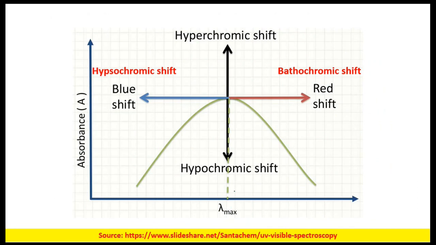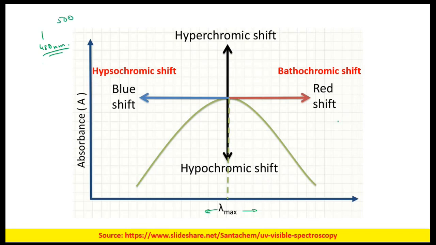Then shift. There are four types of shift. If it is happening on the wavelength scale, that means if it is happening at a higher wavelength, suppose your normal chromophore absorbs at say 480 nanometer, and after you have done a chemical modification of the compound, it moves to 500.